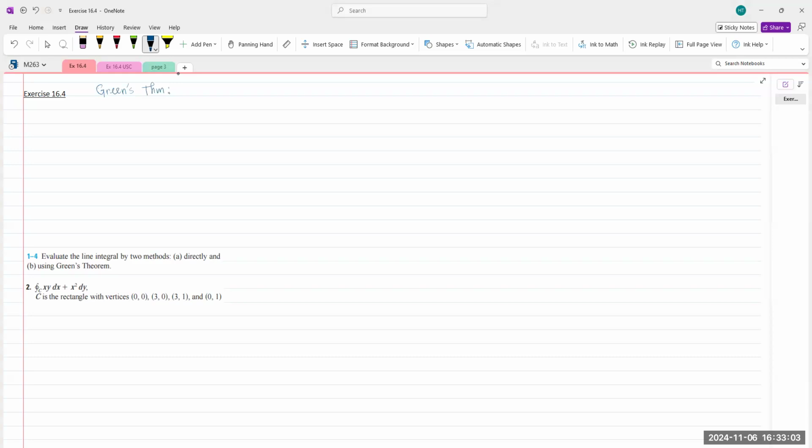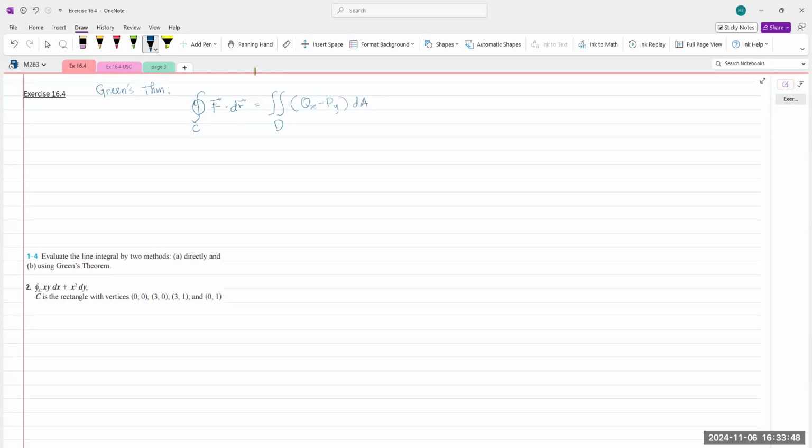The theorem says the following: the integral over a closed, smooth, simple curve C, positively oriented counterclockwise, of the vector field F dot dr is equal to the double integral over the domain D, which the closed curve C encloses, of Q sub x minus P sub y dA.